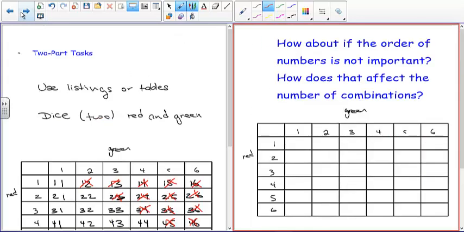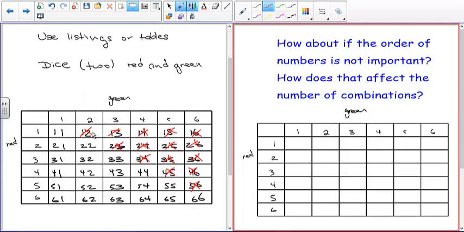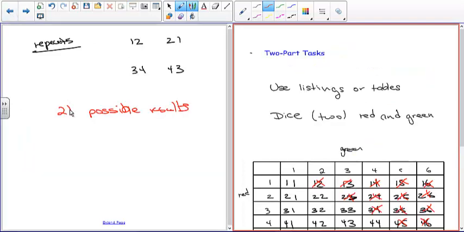So when this next thing says how about if the order of the numbers is not important: if the order is important, then you would include every one of them because they wouldn't be repeats anymore. So if order is important, there are 36 possibilities. If order isn't important, then we have 21 possible results.